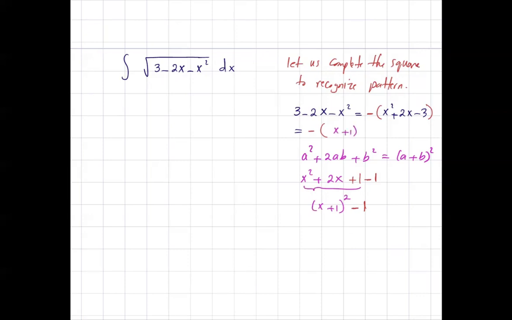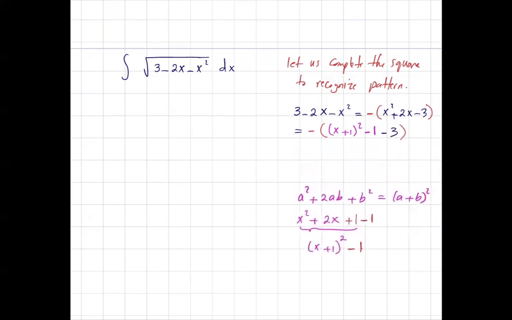You added negative 1, you have negative 3, so you must end up with negative 4. So negative 1 minus 3. Let me close this up and move this down here so we have enough space.